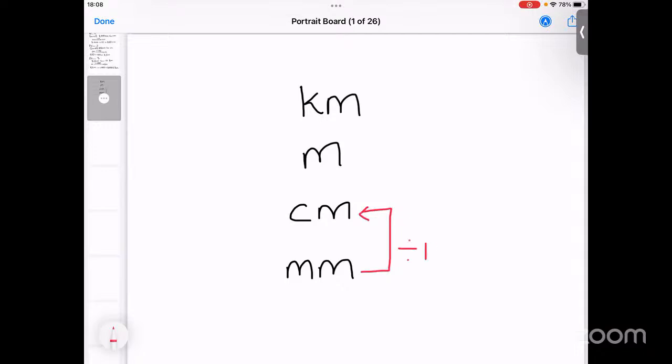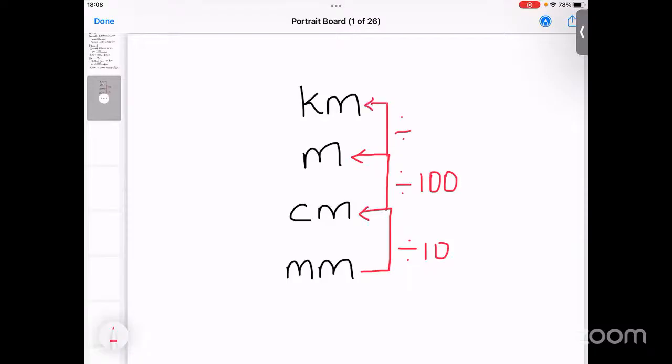We divided by 10. And then to move from centimeters to meters, what did we do? We divided by 100. Yes, that's exactly what we do.